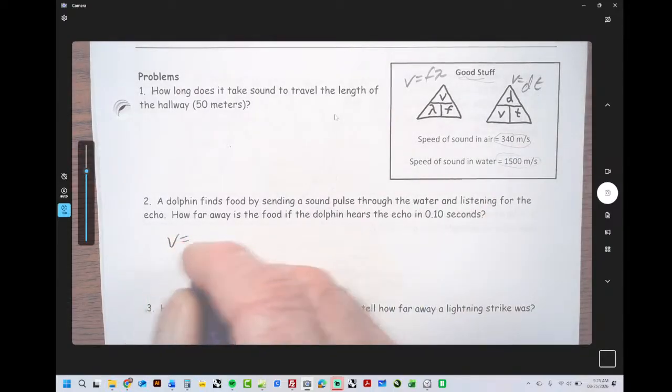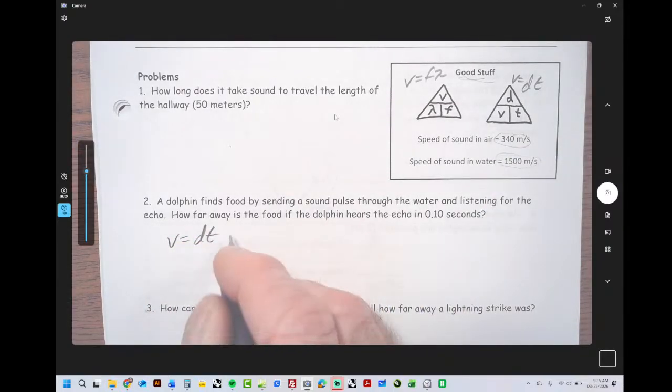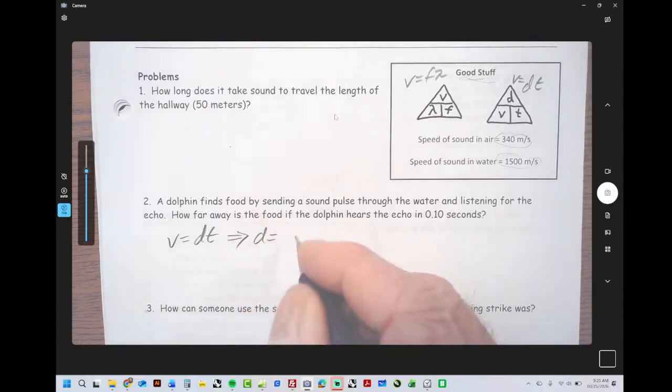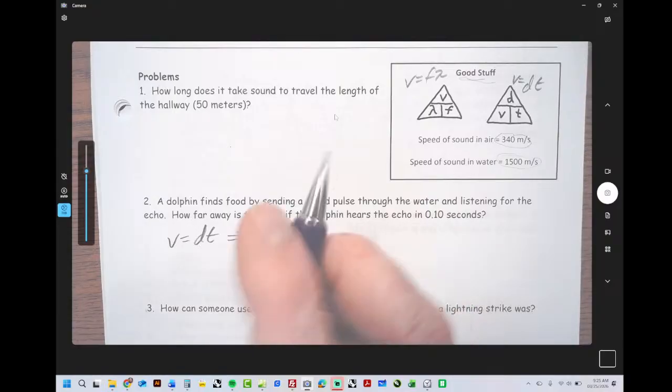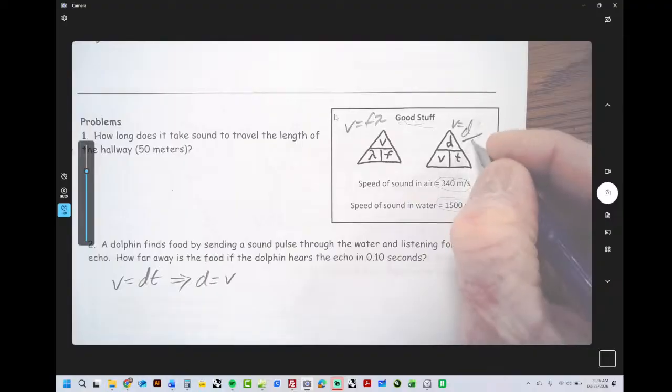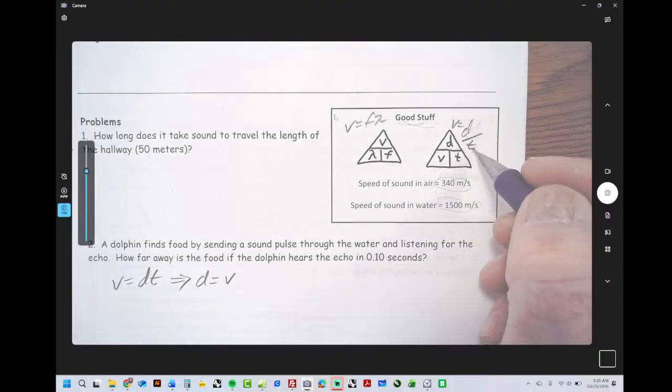I'll just write it all out. Velocity is distance over time. You can reorganize that so that it becomes distance equals velocity times time.